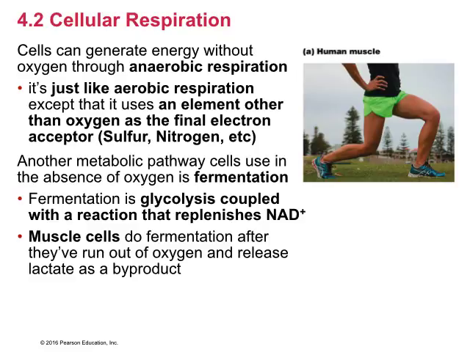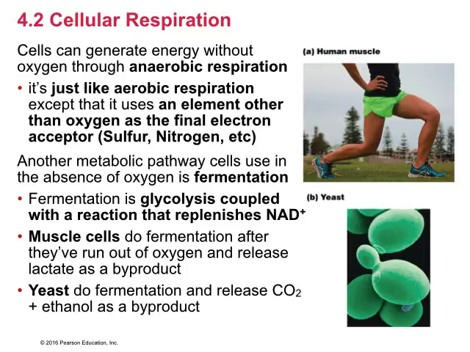Remember, you always have to ask yourself, what are we looking at here? We're looking at ways that cells can make ATP without oxygen. Same with yeast. Yeast can do fermentation, and when they do, they release CO2 and ethanol as a byproduct.